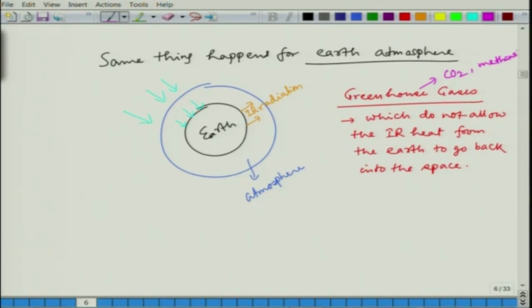Okay. There are plenty more, but these are the major constituents of the atmospheric greenhouse gases. And what does it do?